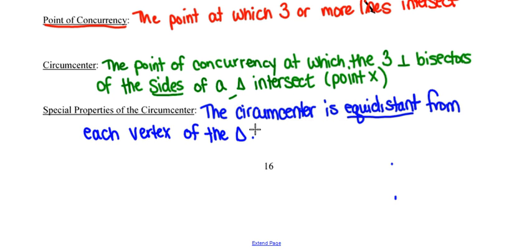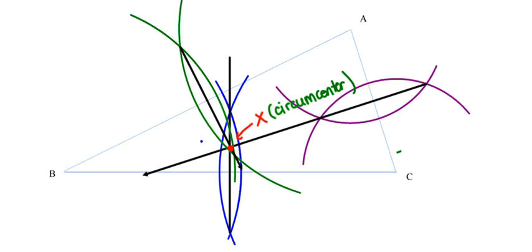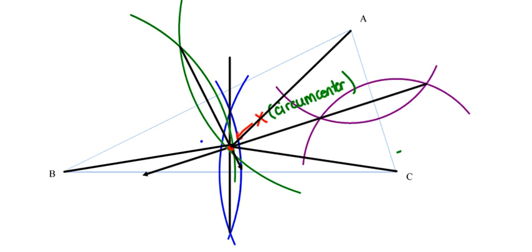So in terms of our picture, what that means is that the distance from circumcenter X to vertex A is exactly the same as the distance from circumcenter X to vertex C, which is exactly the same as the distance from circumcenter X to vertex B.